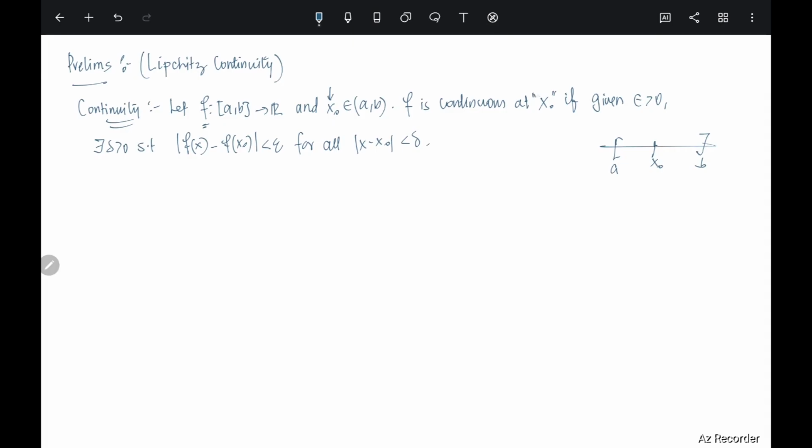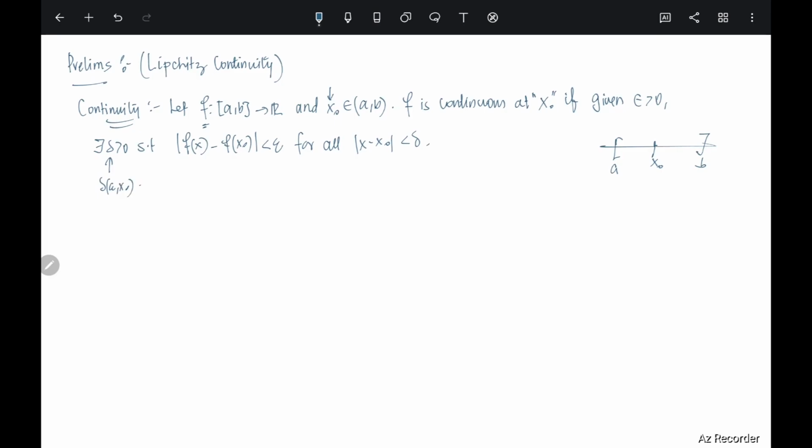If you give an epsilon, you will have a delta depending on epsilon, such that |f(x) - f(x0)| < epsilon for all |x - x0| < delta. So please remember this delta depends on epsilon and of course the point x0.